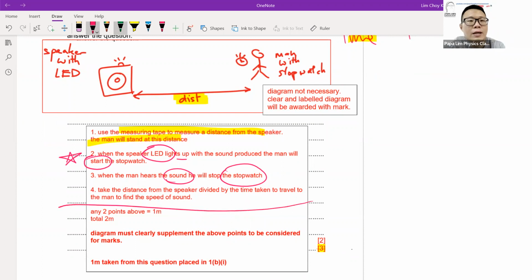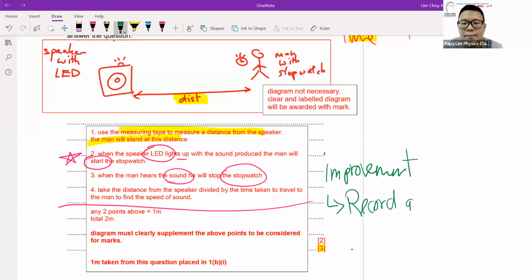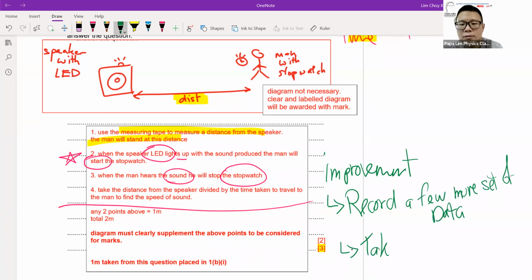One of the easiest ways to improve is to record a few more sets of data, and importantly, take the average. Once you have the average, that is the average time taken.